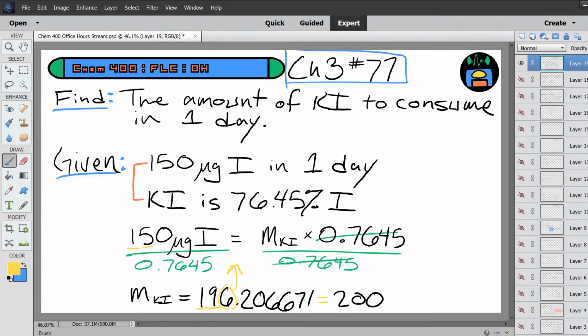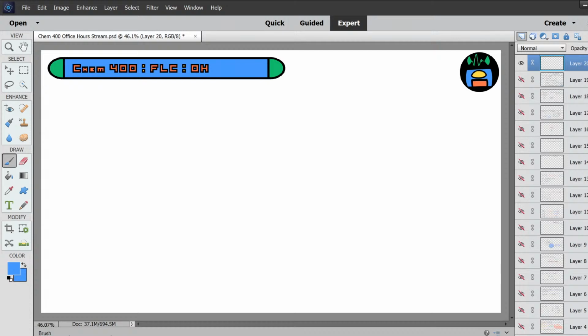So we need to write this in scientific notation. 2.0 times 10 squared micrograms of potassium iodide. So that is the answer for number 77. Next on the list is chapter 3, number 92.